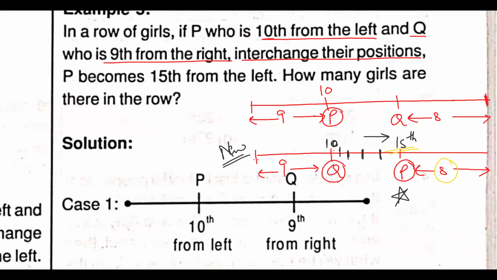So that will be how much? Total number of girls in the row? 23. Yes, correct. So the answer will be a total of 23 girls in the row. Got the question? And the solution? Yes, ma'am.